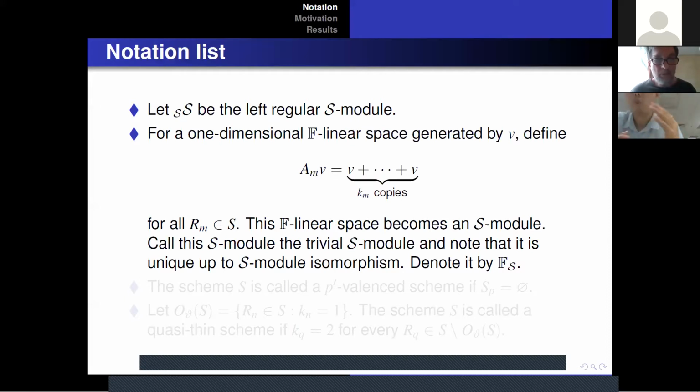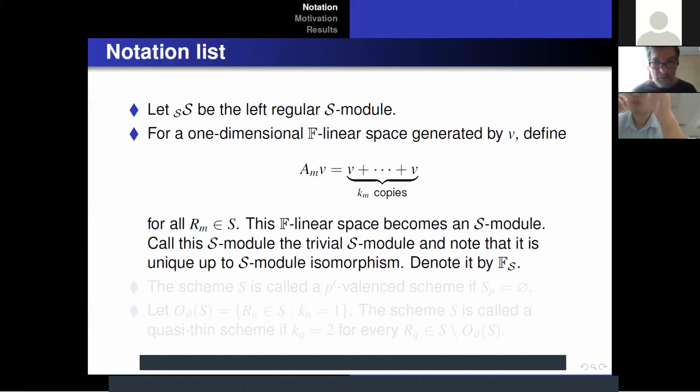For a one-dimensional F linear subspace generated by v, we can define Am v as the sum of km copies of v for all Rm belonging to S. We can check that this gives an S action on this F linear space, so it becomes an S module.